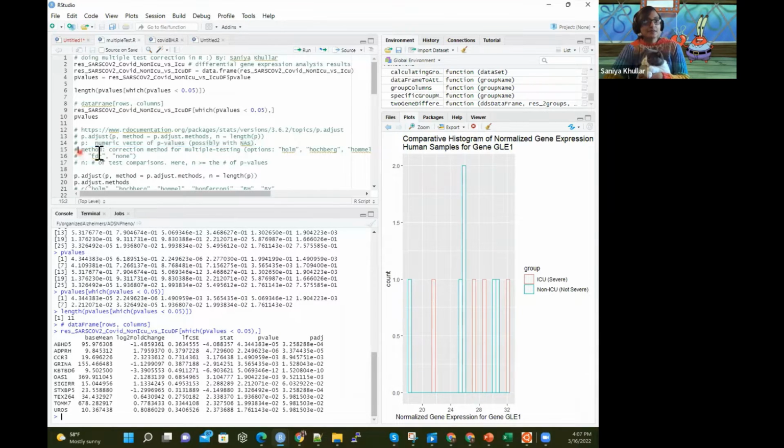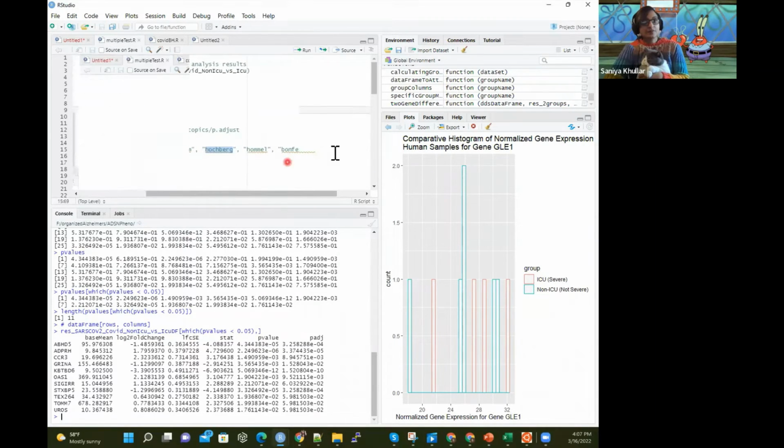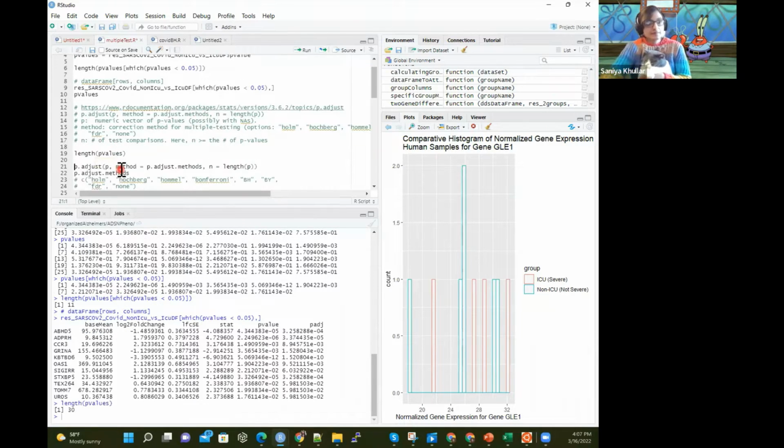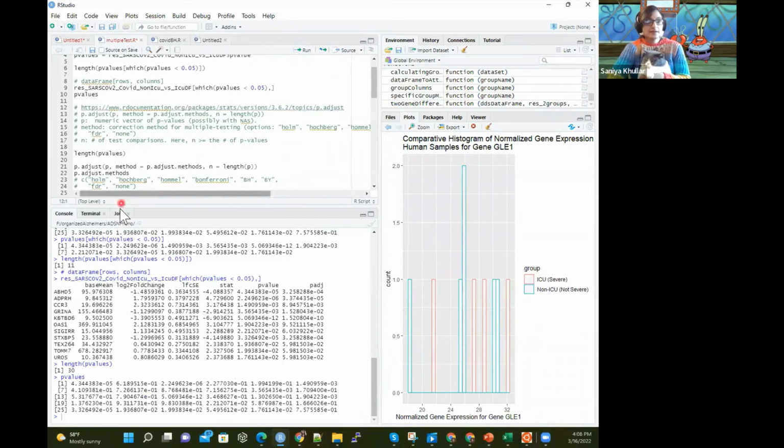You have a method, a correction method, like Holm, Hochberg, Hommel, Bonferroni, BH, BY, FDR, and none. And we have the number of test comparisons, n, which should be greater than or equal to the number of p-values. In this situation, I can just see the length of p-values, and it would be 30, because these are the 30 p-values that we have.